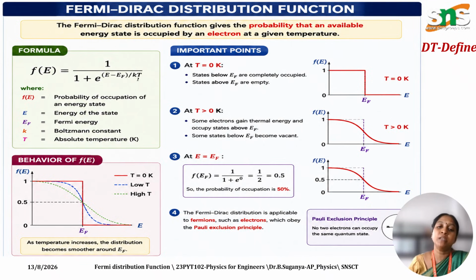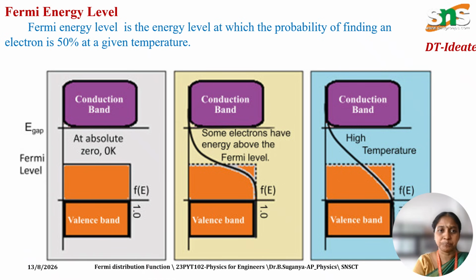So the probability of occupancy is 50% only. The Fermi-Dirac distribution is applicable to fermions such as electrons, which obey Pauli's exclusion principle. What is Pauli's exclusion principle? In Pauli's exclusion principle, no two electrons can occupy the same quantum state.